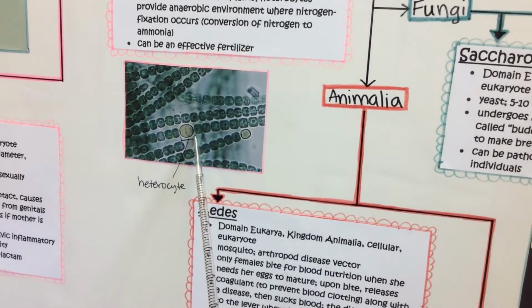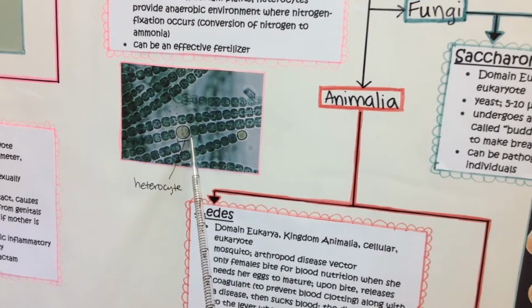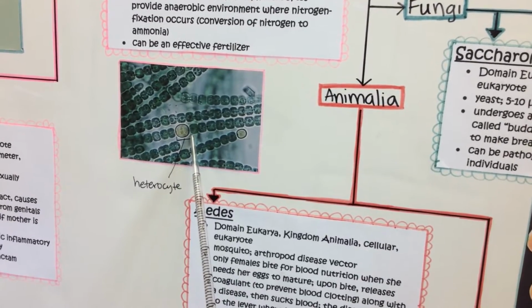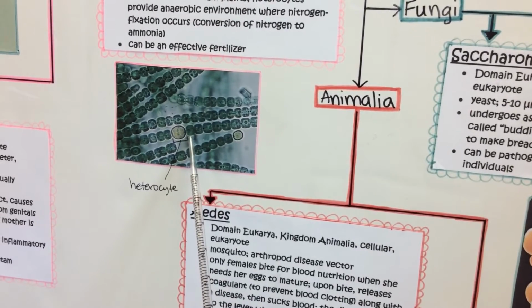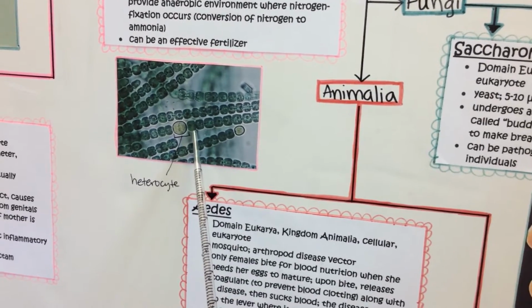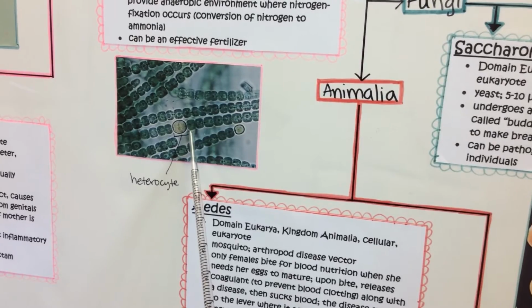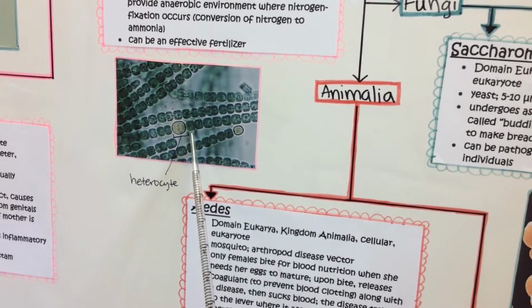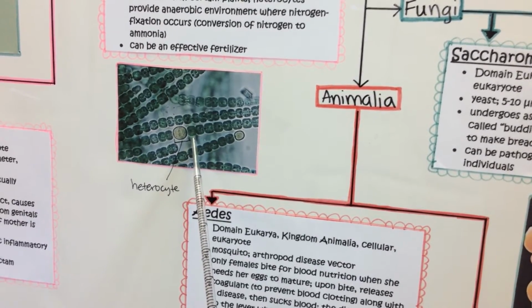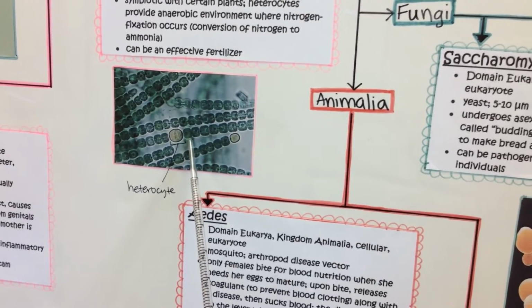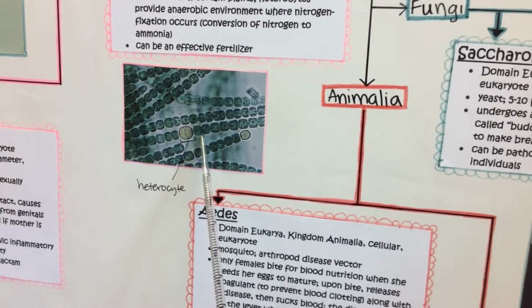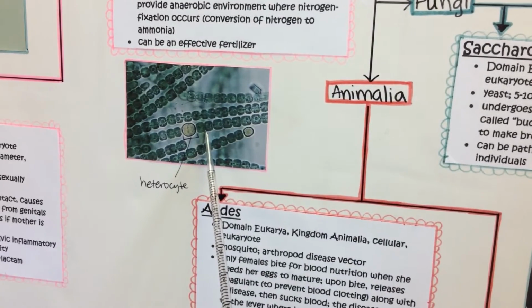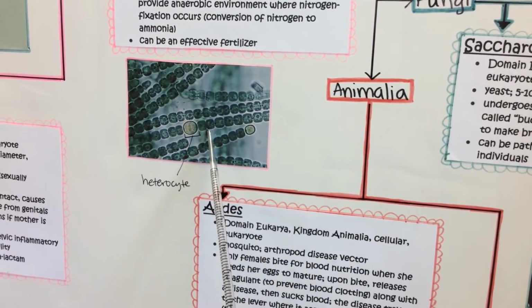The heterocytes contain a really cool enzyme complex called nitrogenase. And nitrogenase permits nitrogen fixation to occur. Molecular nitrogen from the air is reduced into ammonia. Now the reason this is a really important process is that most organisms can't use molecular nitrogen as a source of nitrogen to make amino acids and proteins, nucleotides, and nucleic acids.